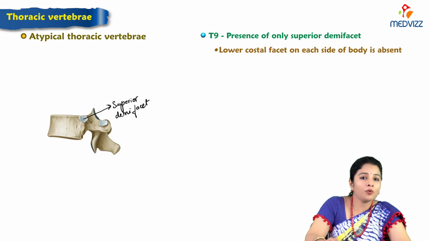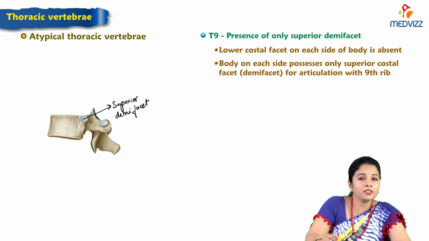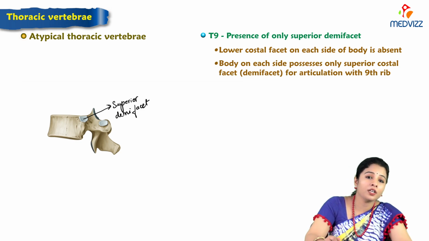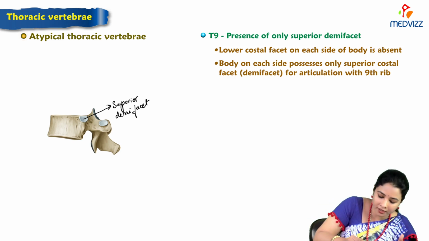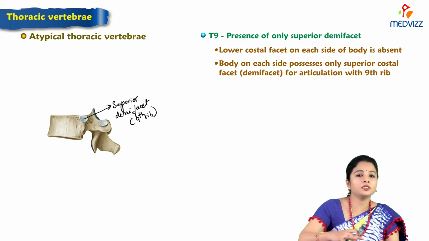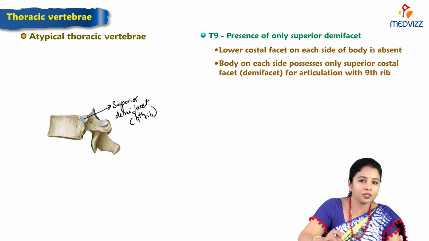So the lower costal facet on each side of the body is absent in T9. The body on each side possesses only a superior costal facet for the articulation of the 9th rib. So the 9th rib articulates here with the superior demi-facet. So this is about the 9th thoracic vertebra.